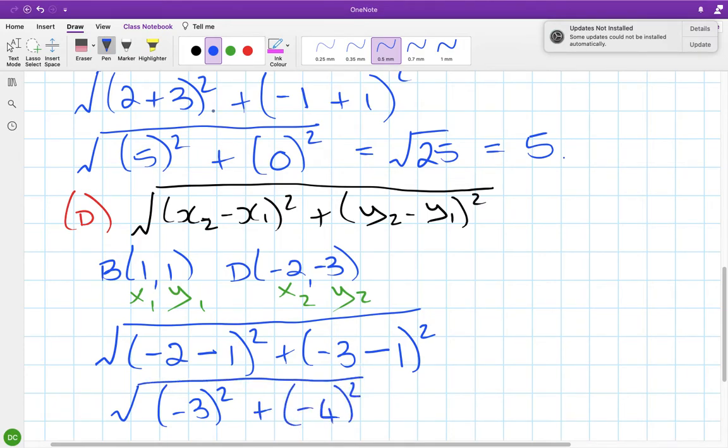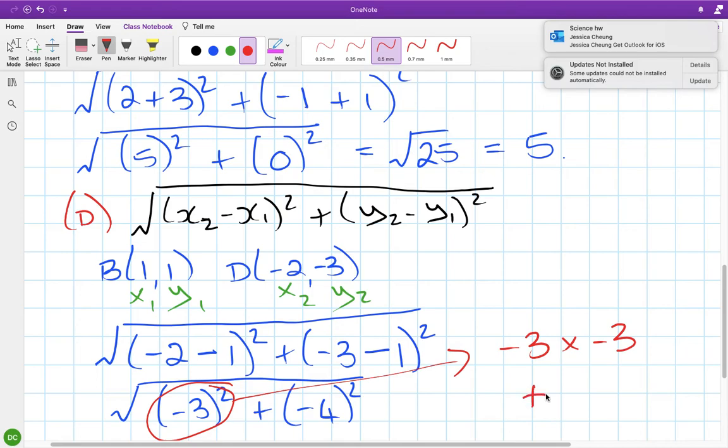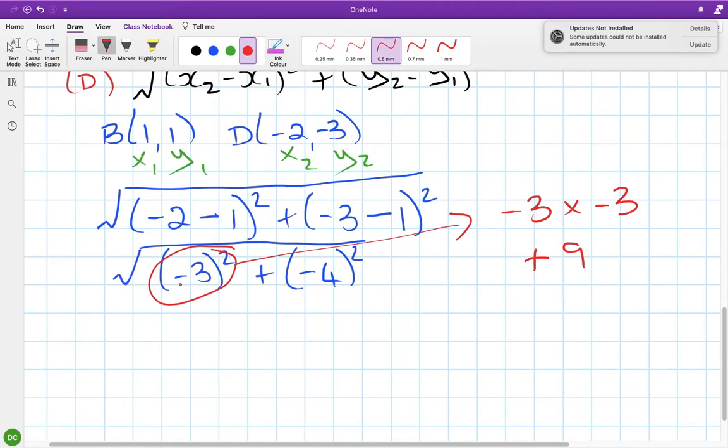Now, hopefully you remember this, but minus 3 squared is minus 3 times minus 3. So minus multiplied by a minus is a plus, and then 3 by 3 is 9. So when you square a minus, you get a plus.